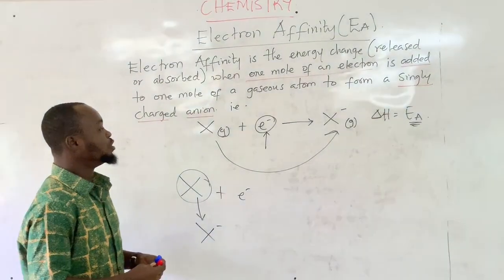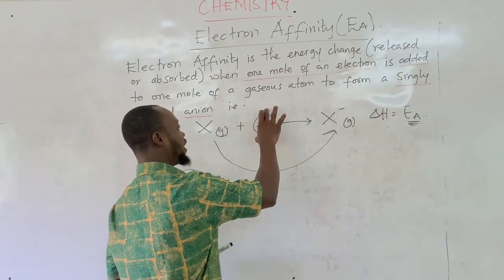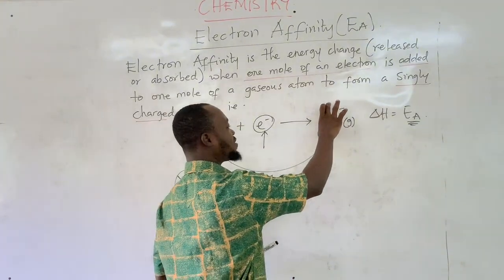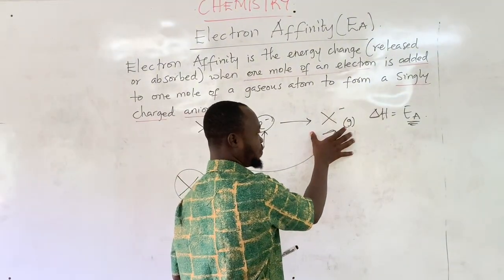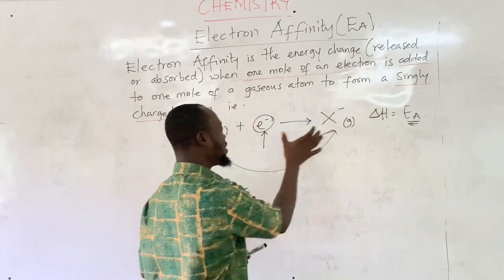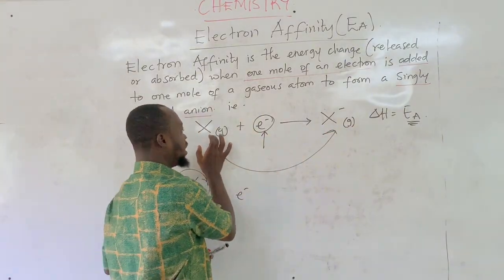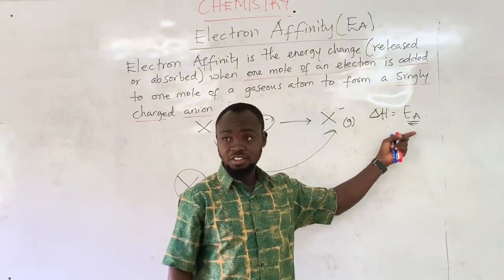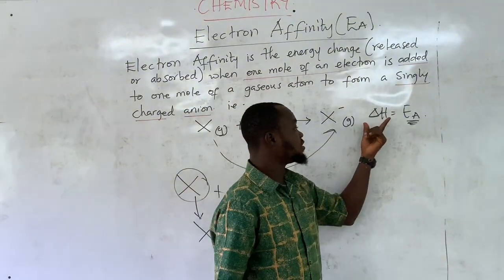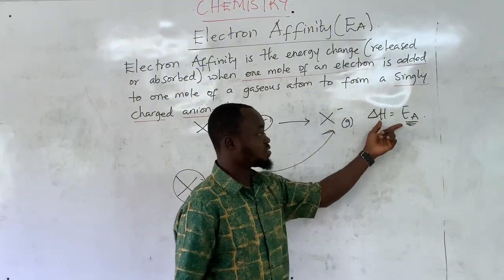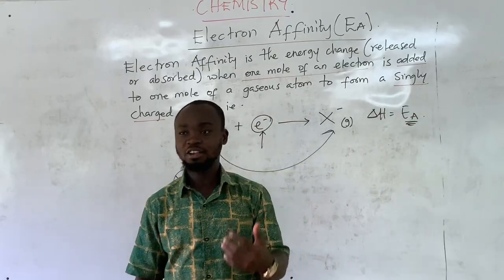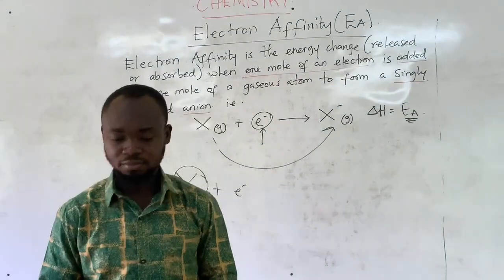When one mole of an electron is added to X in gaseous form, it changes to X minus in gaseous form. The energy involved for X to change into X minus is what we call the electron affinity. So I've written here that the enthalpy change is equal to EA, where EA represents electron affinity.